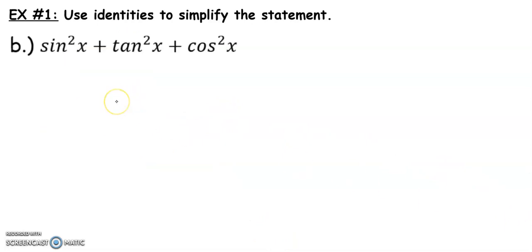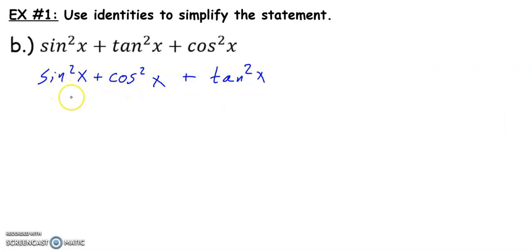Let's try another one. Now, don't forget our algebra and our rules of equality. When I'm seeing these squares, whenever I've got a trig function that's squared, I like to see if I can get any of them to equal 1. Well, I know if I take the sine squared x and I add a cosine squared x to that, we are going to get 1. So I am moving the sine squared x and the cosine squared x together.